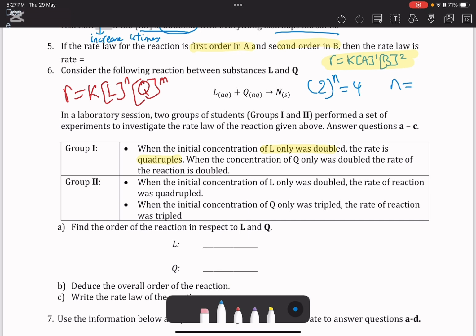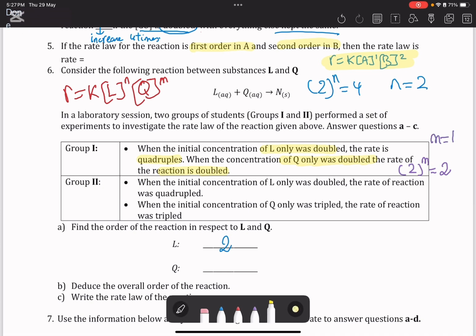So N is second order. So now I know that the order of L is second order. When the concentration of Q doubles, the rate doubles. Therefore, the order of Q is first order.